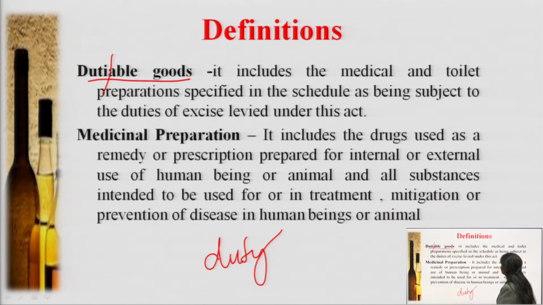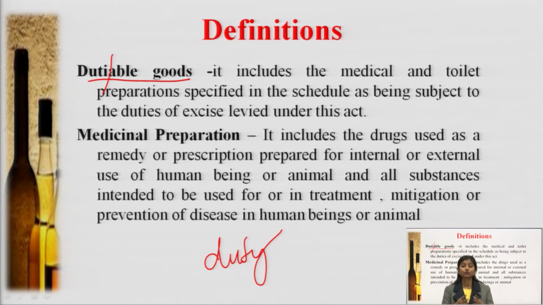Dutiable goods include the medicinal and toilet preparations specified in the schedule as being subject to the duties of excise levied under this act. So, all those preparations which contain alcohol, like homeopathic preparations, Ayurvedic preparations, or allopathic syrups and formulations of medicines that we use, should come under dutiable goods.